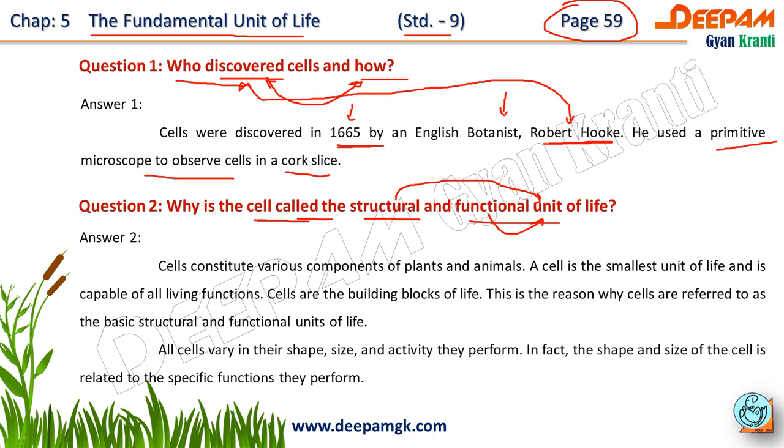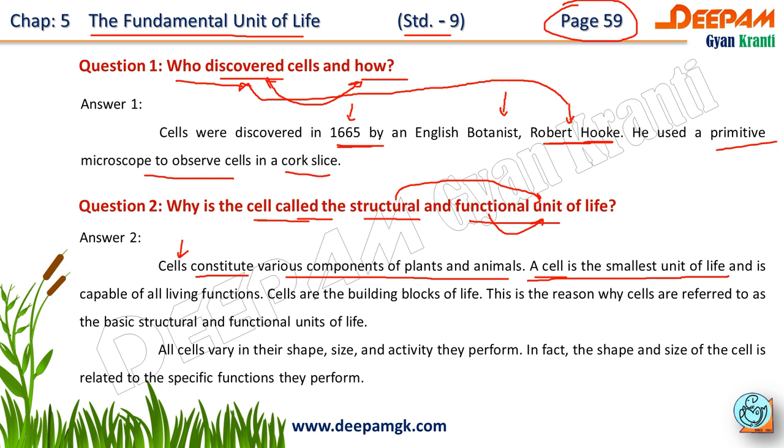Cells make up the various components of plants and animals, and you know that it is the base of any body. A cell is the smallest unit of life. If you ask what is the smallest unit of life, your answer will be a cell.